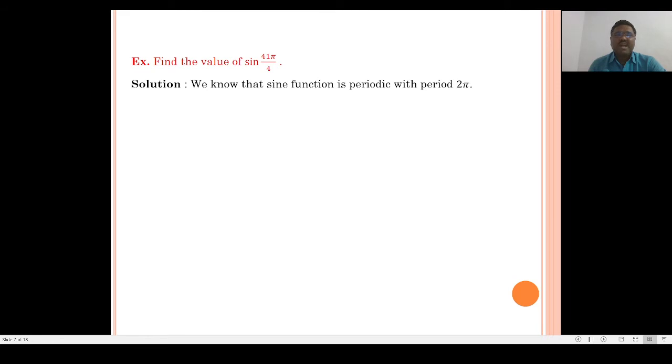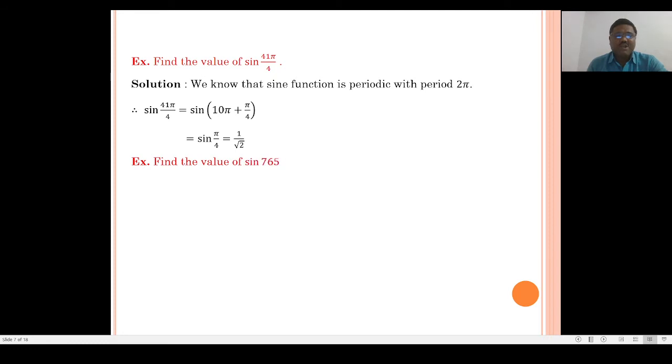Now we see the examples. Find the value of sine 41 pi upon 4. We know that the sine function is periodic with period 2 pi, and since 41 pi upon 4 equals 10 pi plus pi by 4, we get sine pi by 4 equals 1 by root 2.